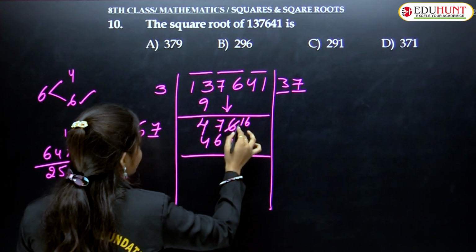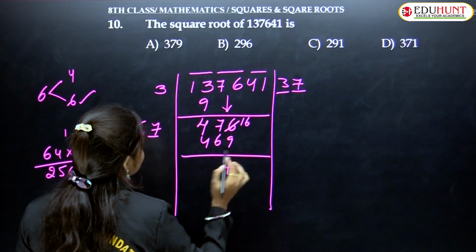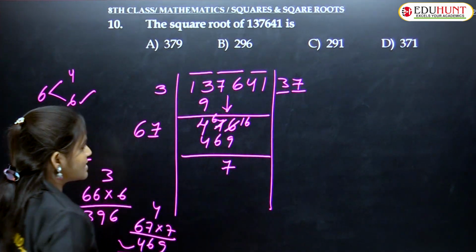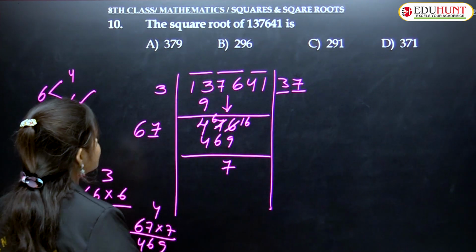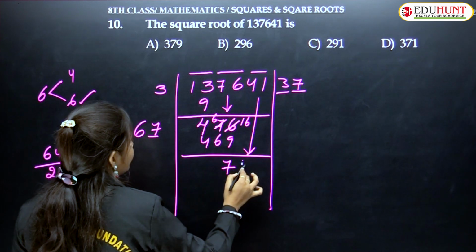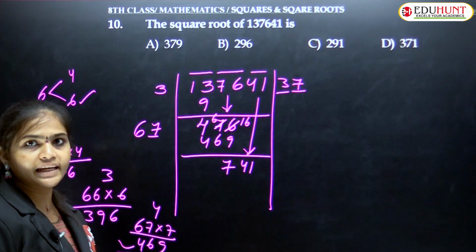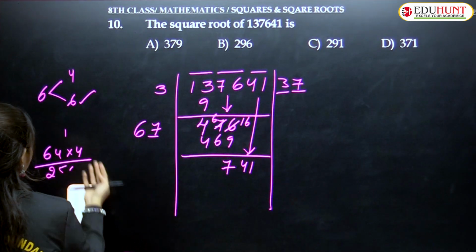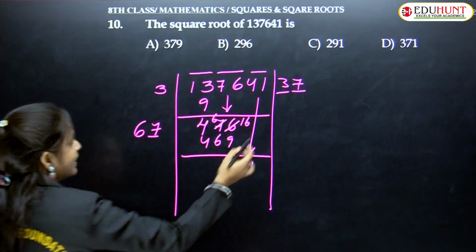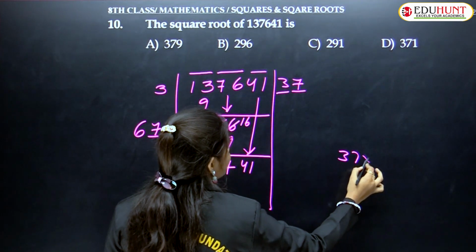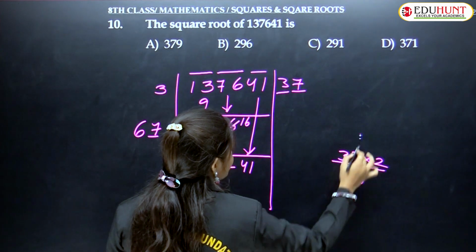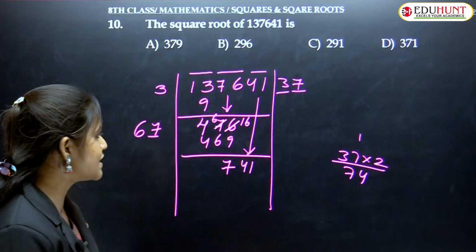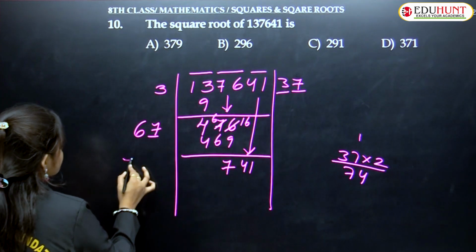Now 16 minus 9 is equal to 7. And here you will get 6 only, no? 6 minus 6 is 0. Understand? 7 and here 41. 741. So here the double of 37. So 37 into 2 is equal to 74. 2 sevens are 14, 2 threes are 6 plus 1 is 7. So 74.